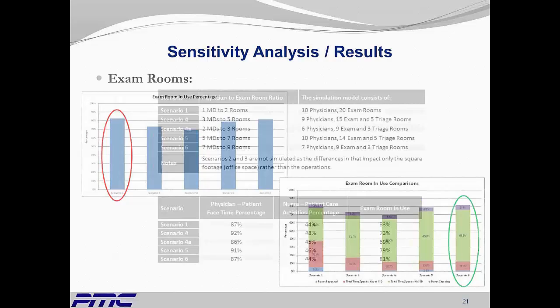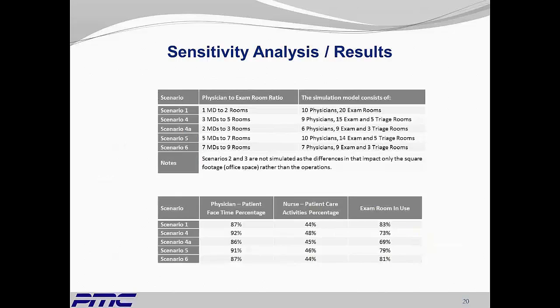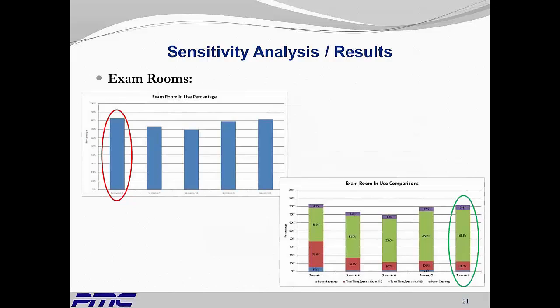When you look at it in the table, it seems like scenario 1 is the best alternative because it provides a high patient-physician face time percentage and also the highest exam room in use percentage. So that's highlighted on the first chart right here.